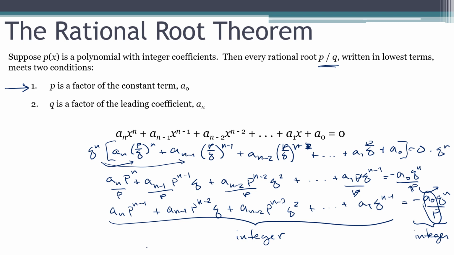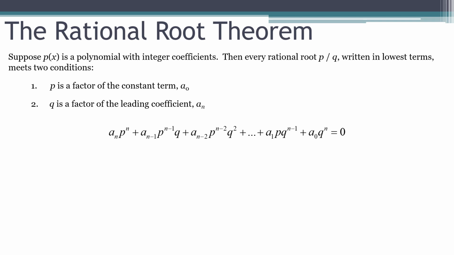So now I'm going to clean everything up. It got a little messy, so I'm going to go back. This is the line after we multiplied through and cleared out the denominators. Now from here, I'm going to do something very similar to get the second criterion. I'm going to take this term and move it to the other side of the equation.